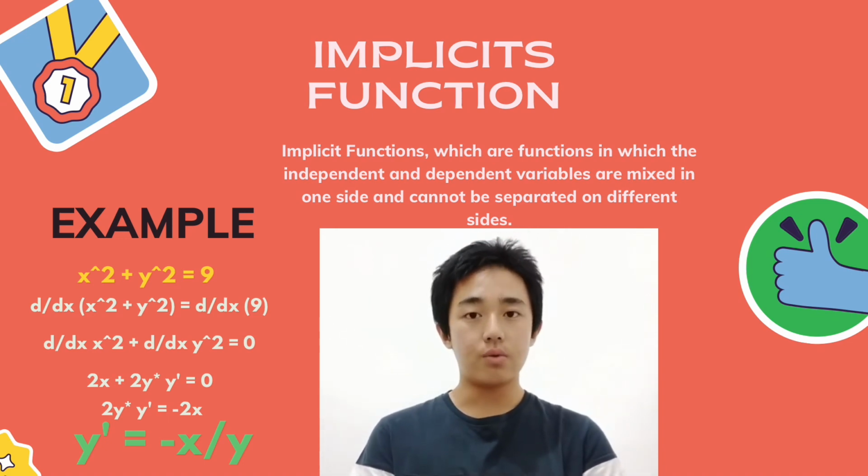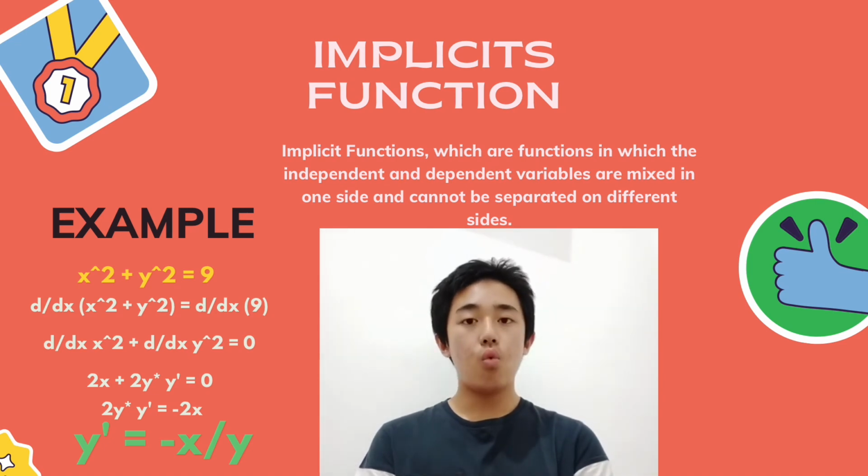And then 2y times y prime equals negative 2x. At the last step, y prime, or the derivative of y, equals negative 2x over 2y, and we can simplify, and the answer is negative x over y.